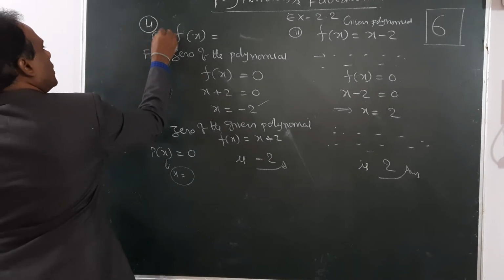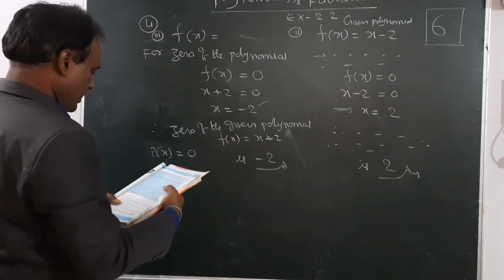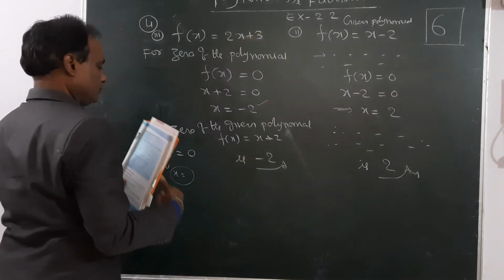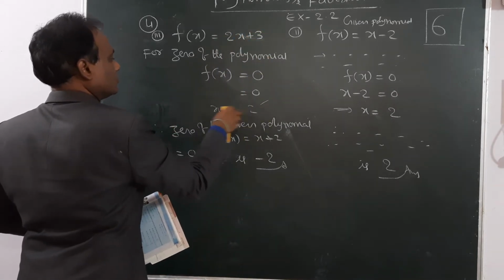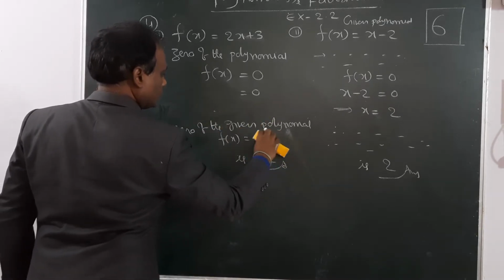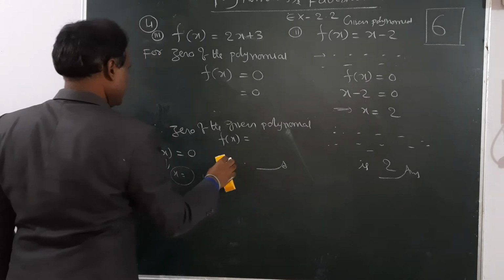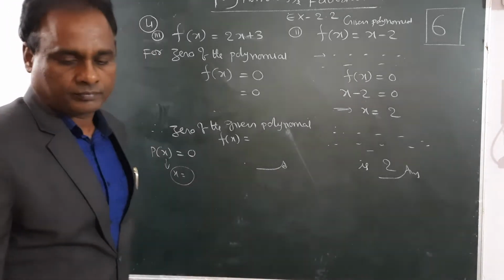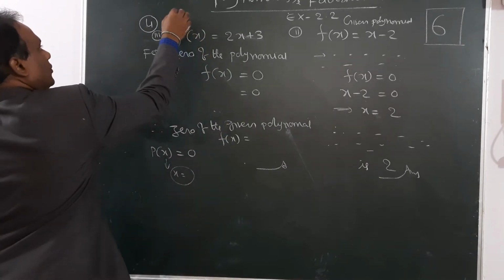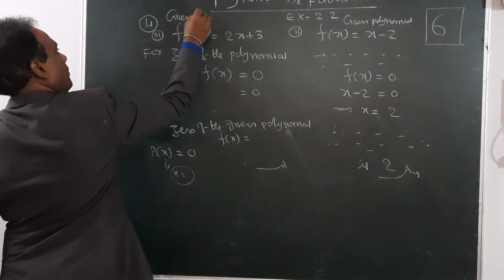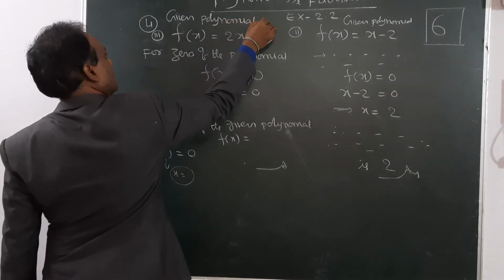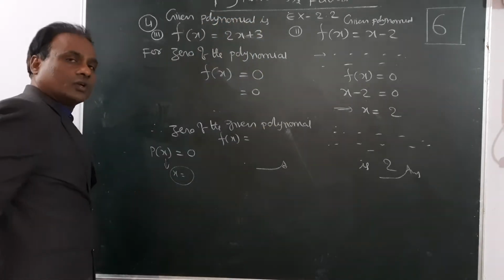In the same way, the third bit: the given polynomial is 2x plus 3. First, write down the question. Given polynomial is f(x) is equal to 2x plus 3.